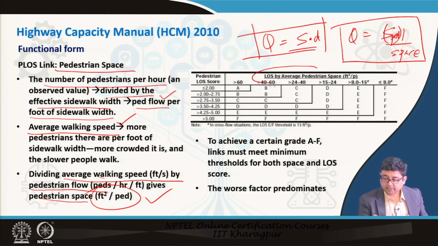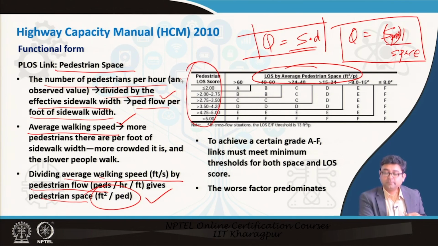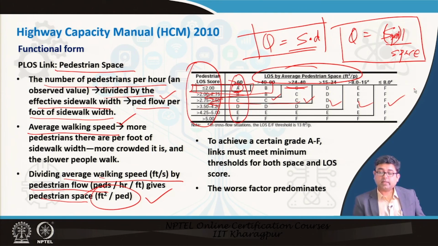Now, if you know the pedestrian space and the pedestrian level of service score that you have calculated for the links, then for each given pedestrian space you will have a corresponding pedestrian level of service score. You see that it is very difficult to achieve a pedestrian level of service of A, because that is only available when the score is less than 2 and the space is greater than 60. Otherwise, you do not have a level of service A. So, usually we do not design for a level of service A.